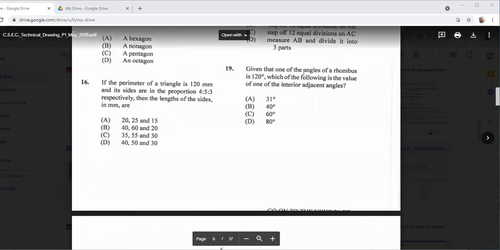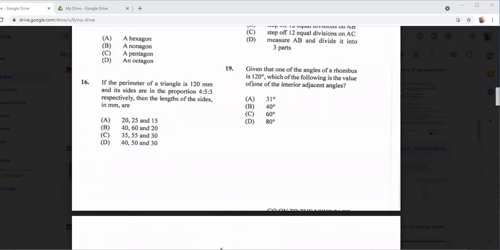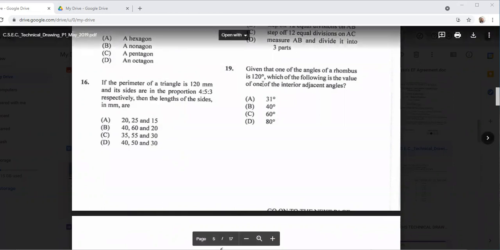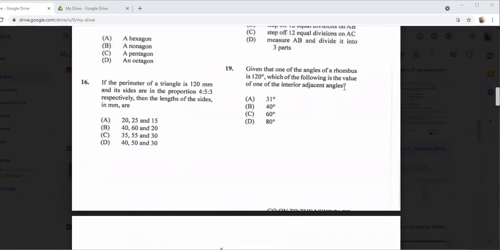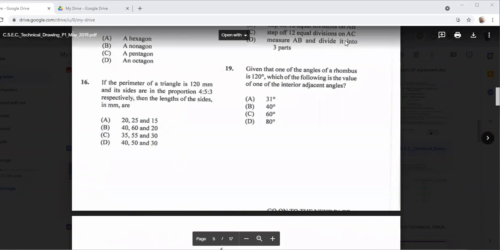Given that one of the angles of a rhombus is 120 degrees, which of the following is the value of one of the internal adjacent angles? All right, this might require some explanation.